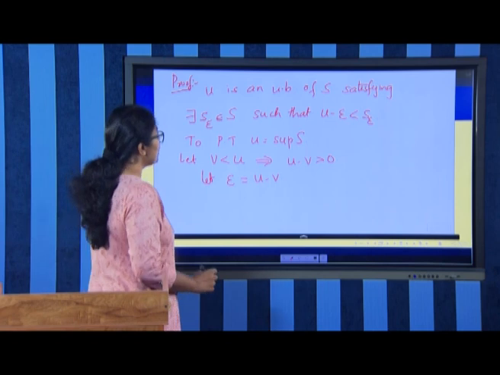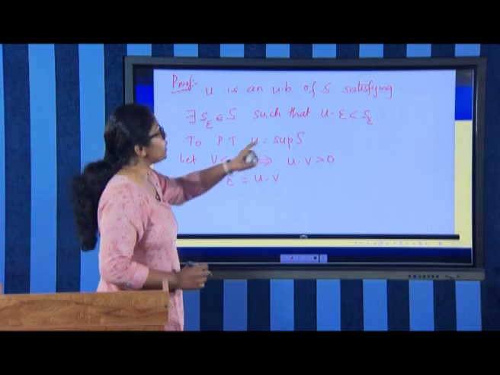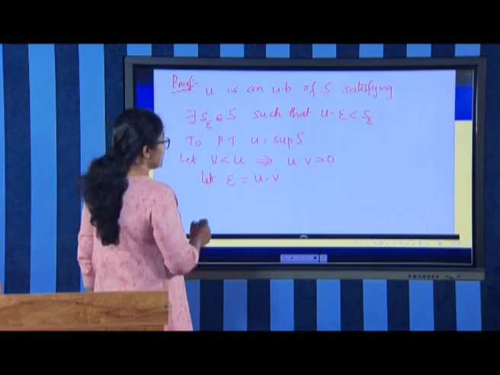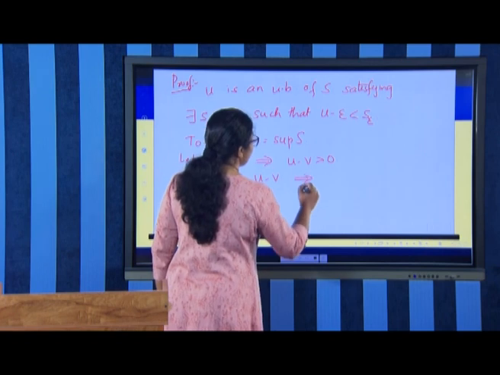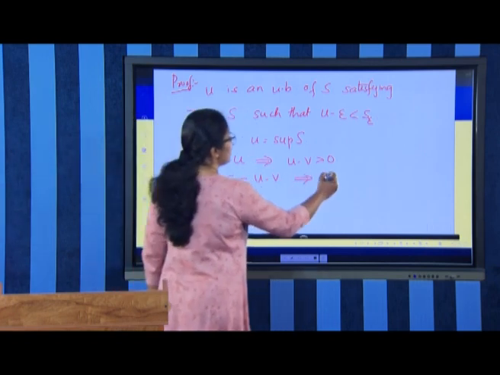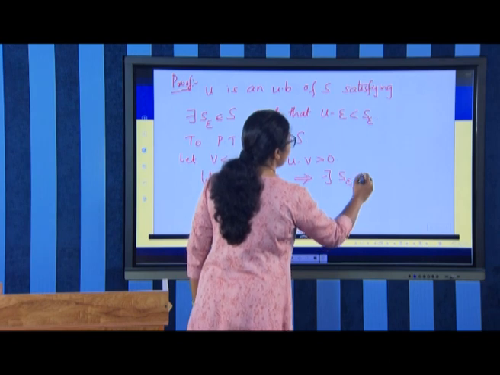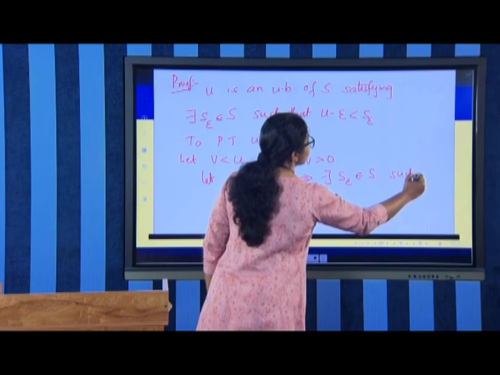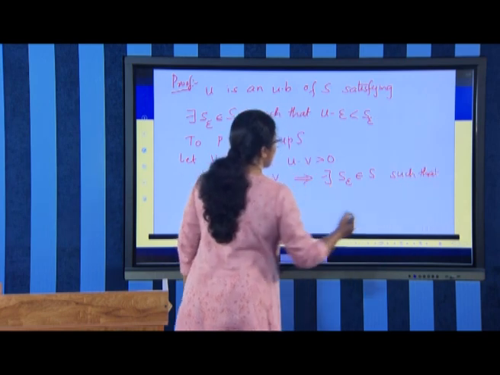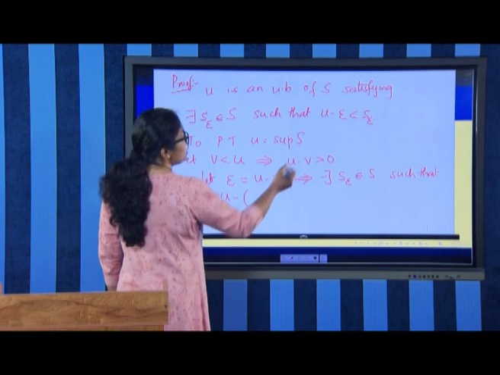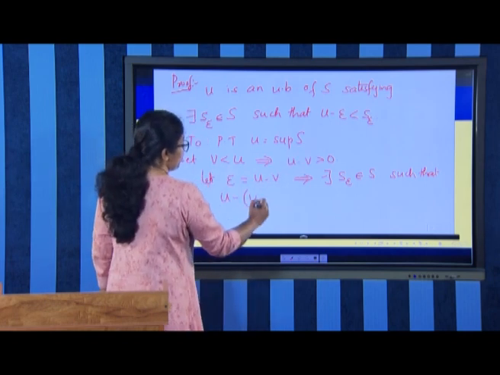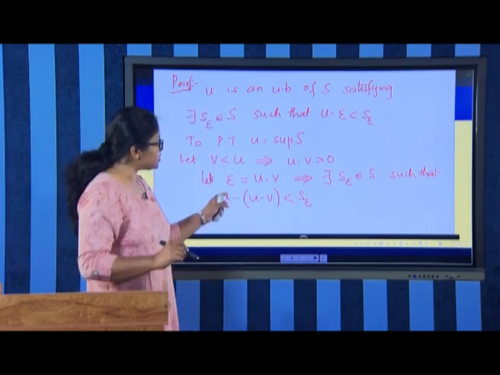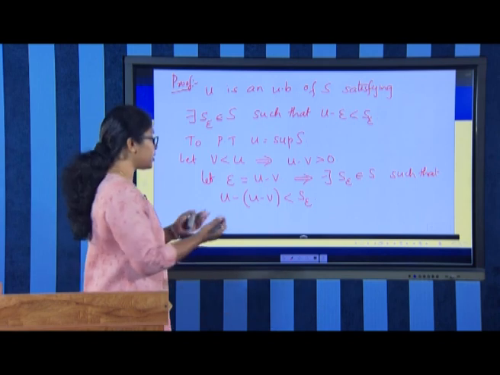Then by the condition given, for every epsilon greater than 0, there exists an S epsilon belonging to S such that u minus epsilon, that is u minus v, is less than S epsilon. Now, what is u minus of u minus v? That is nothing but v.